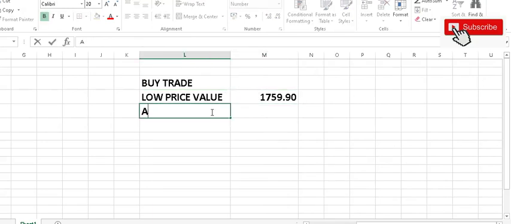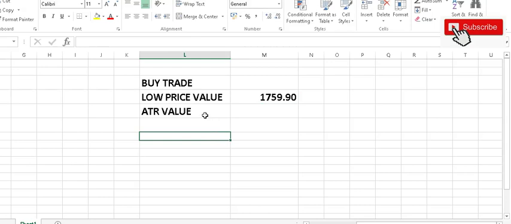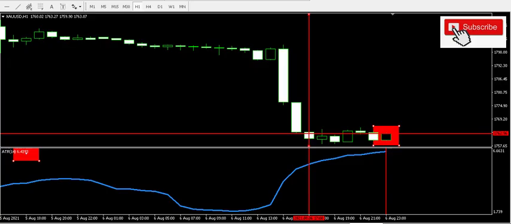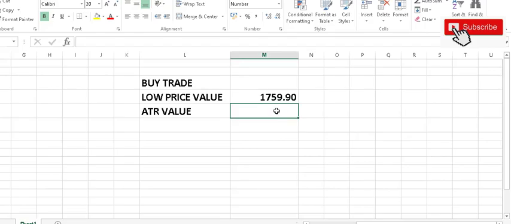Then the ATR value. So what's the ATR value for that particular candlestick? Let's go to it. The ATR value is 6.4393.